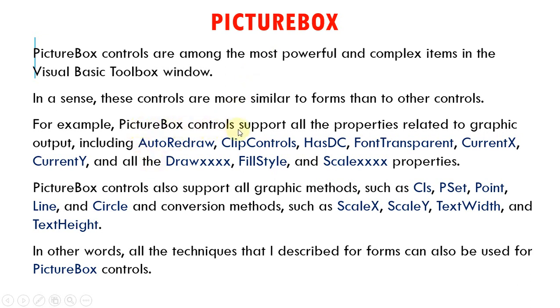The picture box controls support all the properties related to graphic output, including auto redraw, clip controls, hDC, font transparent, current X, current Y, draw mode, draw style, etc. Similarly, fill style, fill color, etc., and scale width, scale height, scale mode, etc. Generally these are graphical properties.